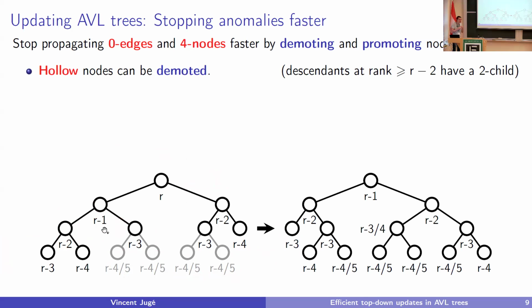So I can rearrange them so that here I had rank R, and now I have rank R-1, and I'm still having an AVL tree. So this works in all cases. That's what I call demoting. I had a tree whose root had rank R, and now I get another tree whose root has rank R-1, so it's a bit smaller.